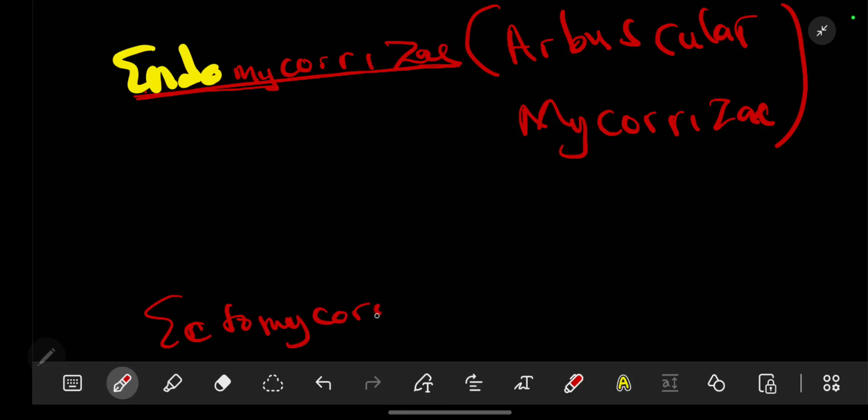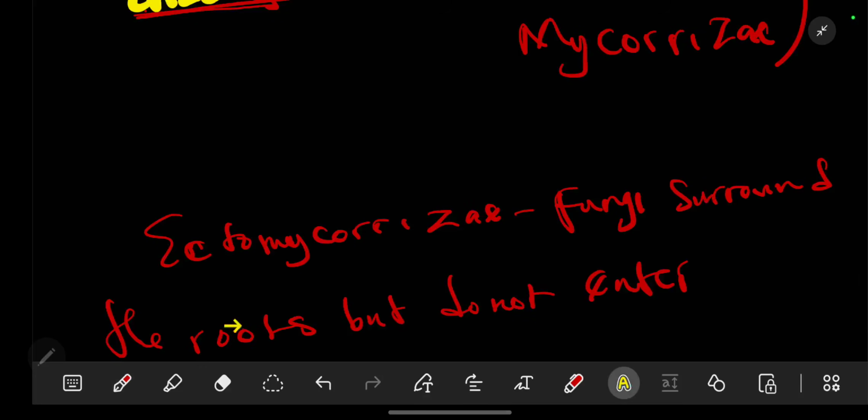So ectomycorrhiza, they surround the roots but do not enter.